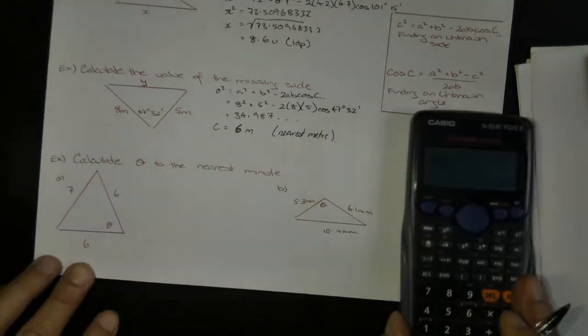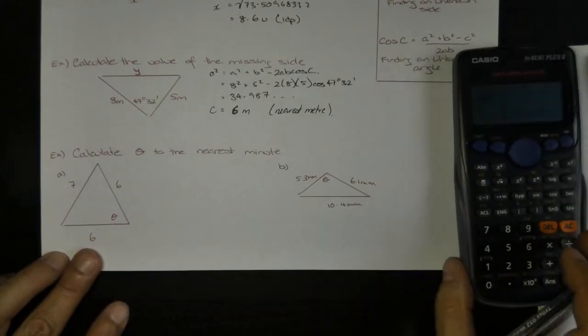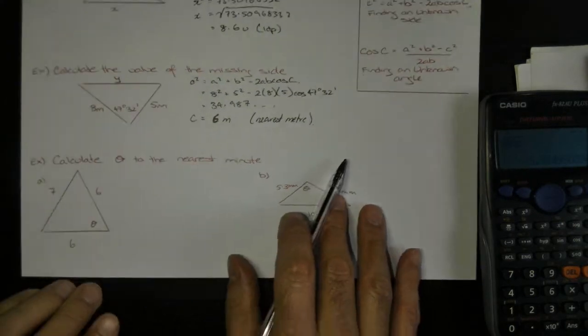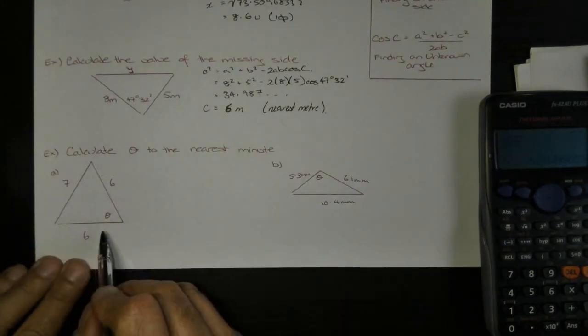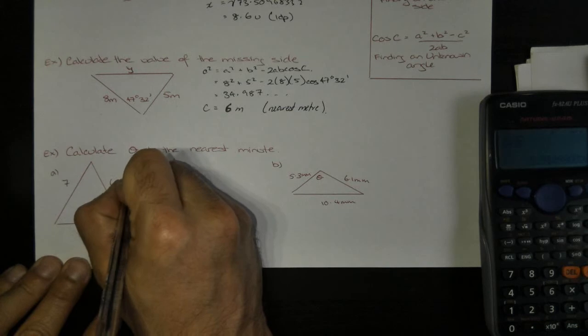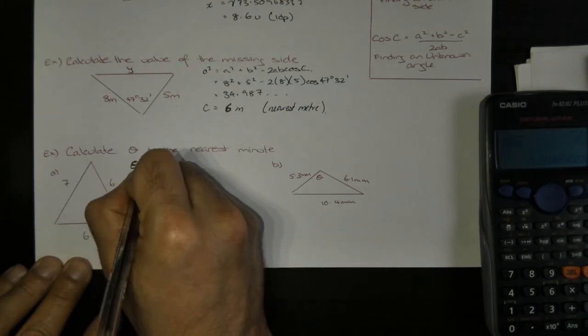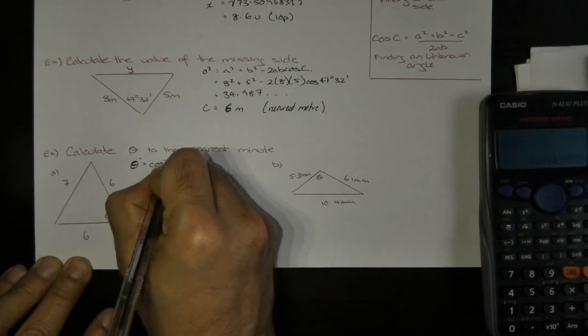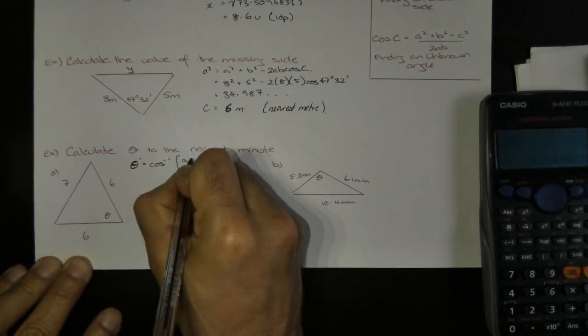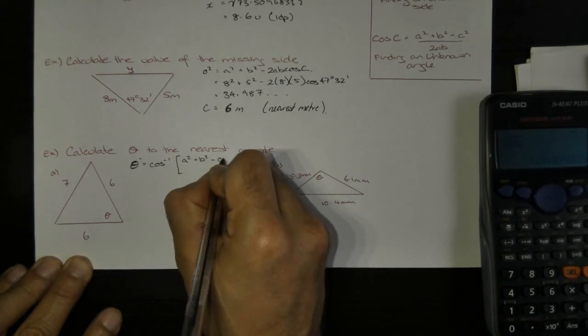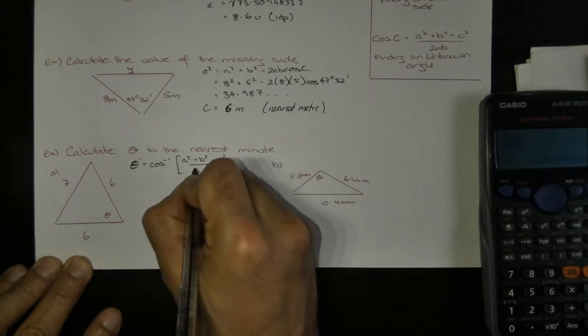Okay. Here we want to find what theta is, so we're going to use this rule. Theta is the inverse cos of a squared plus b squared minus c squared, over 2ab.